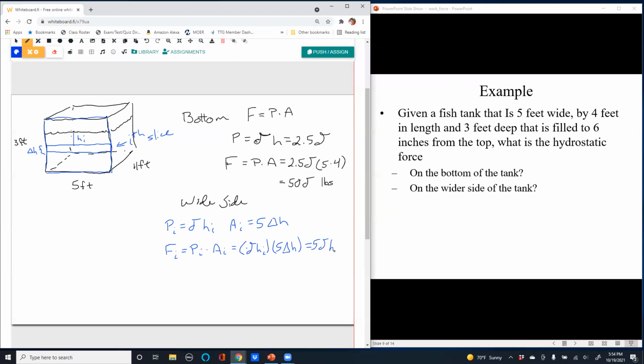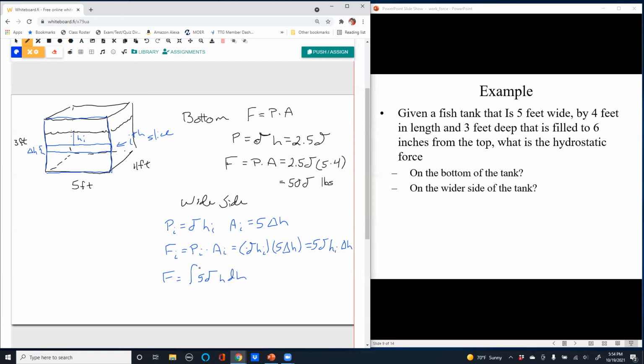And then H sub I, delta H. Our variables match. We're already at the force on the ice slice, which means we are ready to turn this into a definite integral. So the force is going to be, a lot of times I'll pull the 5 delta out of the integral, but for today, let's put it in there. Don't need the sub I on the H, dH.